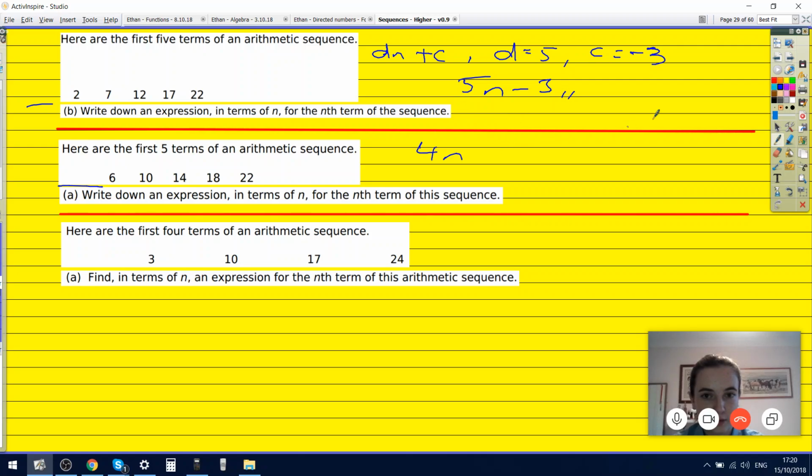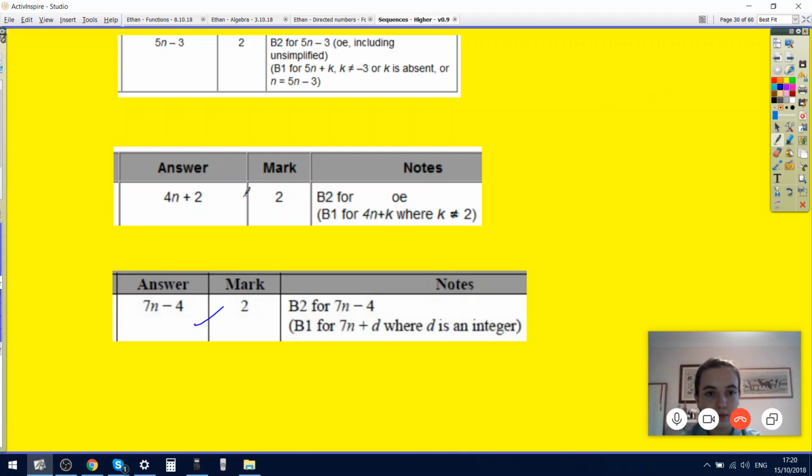Minus 2 or no, plus 2. Yeah. So C is always what term 0 would be if there was one. And okay, this one. 7n minus 4. Well done. That was the hardest. 7n minus 4.